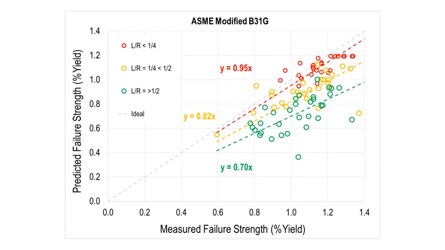If I go for some slightly longer flaws, in this case length over radius somewhere between 1/4 and 1/2, I find that I've actually, on average, increased the conservatism. That's shown by the yellow data points. If I go for the longer flaws, which I'm defining as equal to or greater than 1/2 in terms of length over radius, I'll find that on average, all of those data points are much more conservative. So that's really a very interesting thing to find.